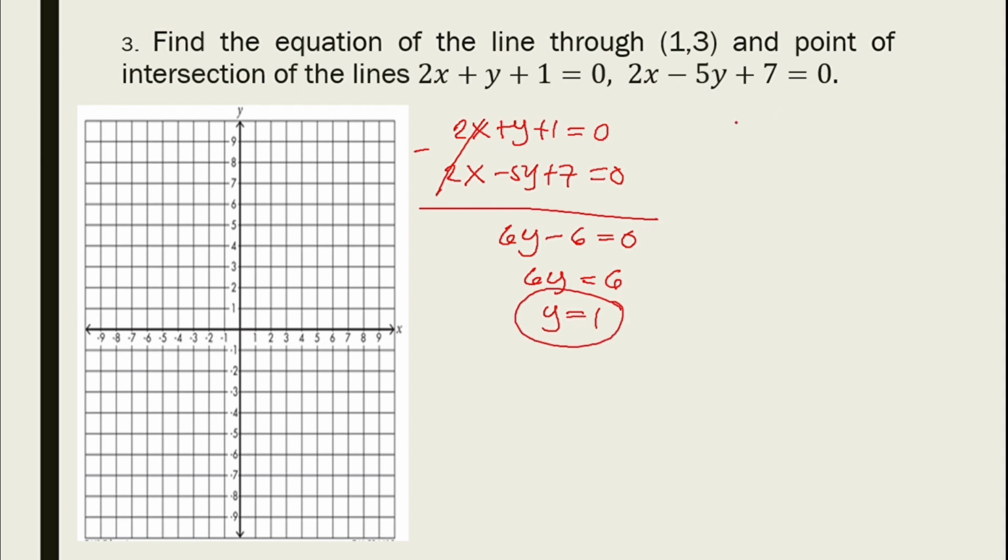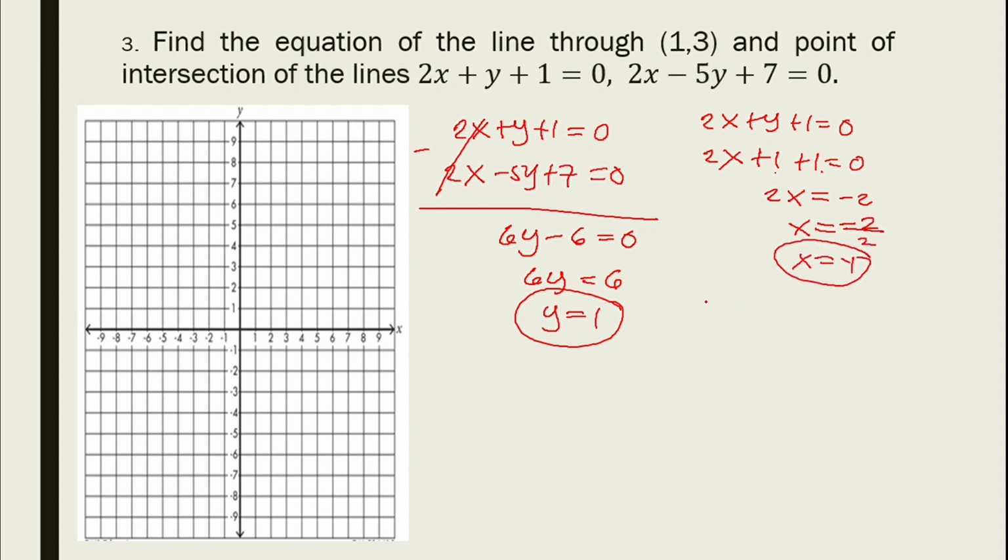To find the value for x, we use 2x plus y plus 1 is equal to 0. With the value for y, 2x plus 1 plus 1 is equal to 0. So 2x is equal to negative 2. X is equal to negative 2 divided by 2, x is equal to negative 1.